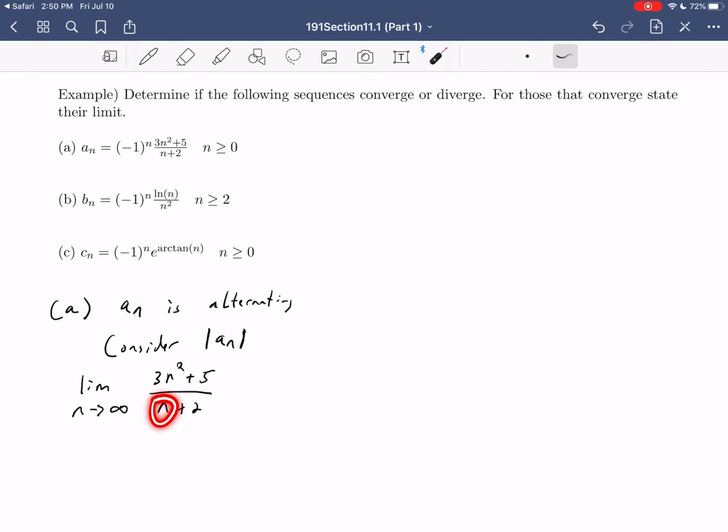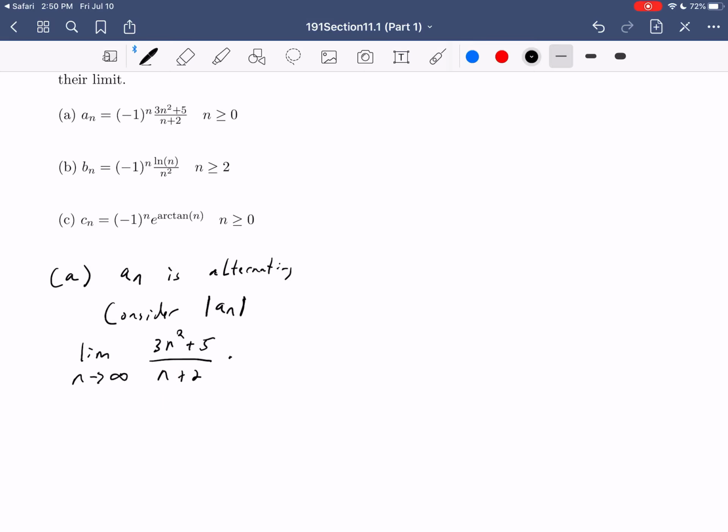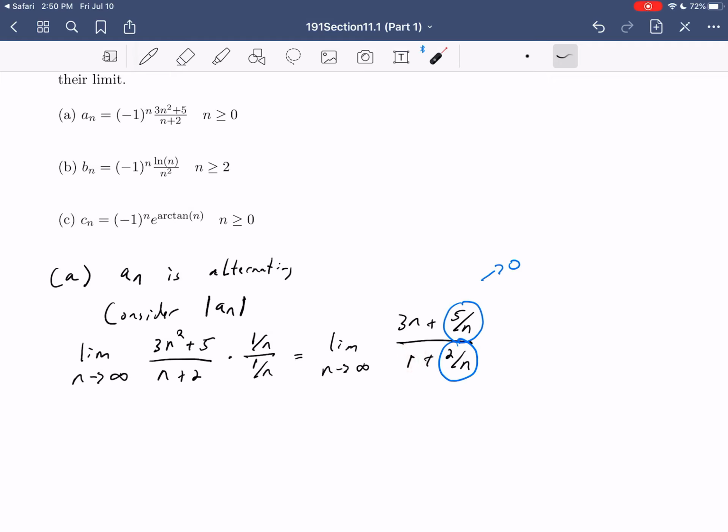Pick the largest power in the denominator, so multiply by 1 over n, 1 over n. That's the limit as n goes to infinity of 3n plus 5 over n, over 1 plus 2 over n. This is going to go to 0. This is going to go to 0. This is just a constant, but this piece here, this is going to go to positive infinity.